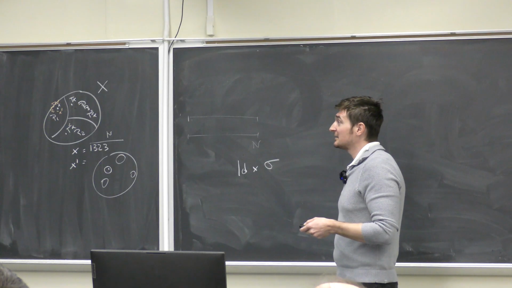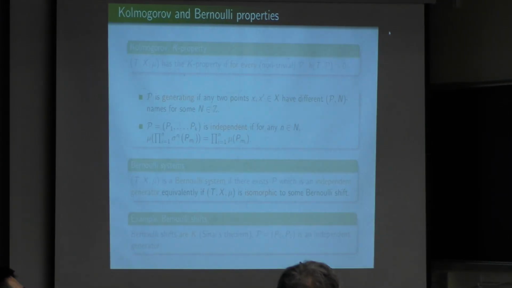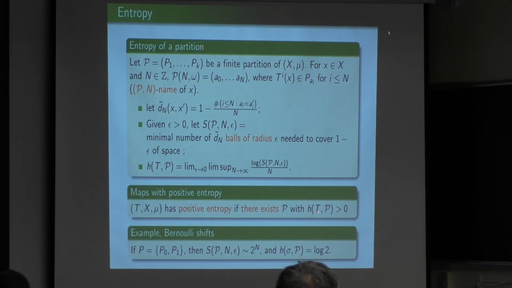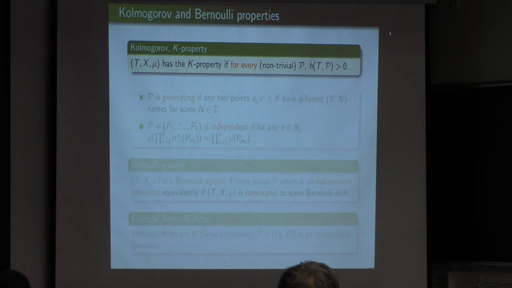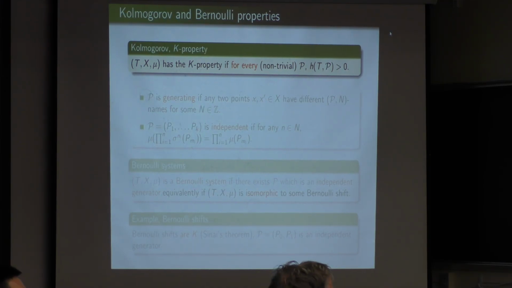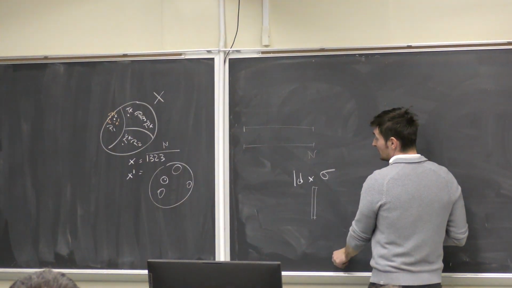that the system satisfies the K property if for every partition the entropy is positive, right? So the difference is here. Here there exists one. Here we want it for every. And for example, here I think if you took the partition, sets like this, cylinders like this, you wouldn't see entropy.